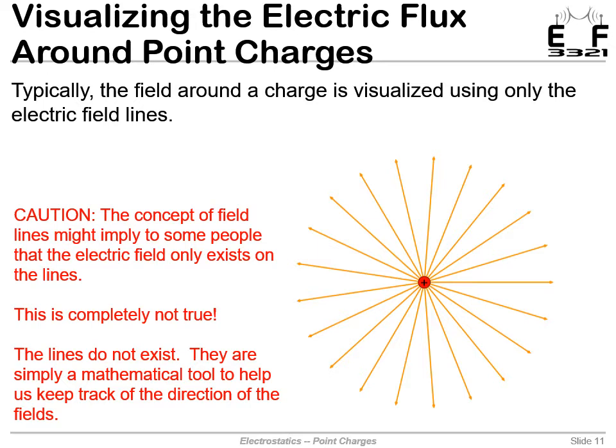These electric field lines are really just a mathematical construction so that we can have some way of visualizing the field and keeping track of the direction of the field. But make no mistake, the field is not a discrete phenomenon. It is smooth and continuous, and these field lines don't really exist. They are a mathematical construction just to help us track the orientation of the field.